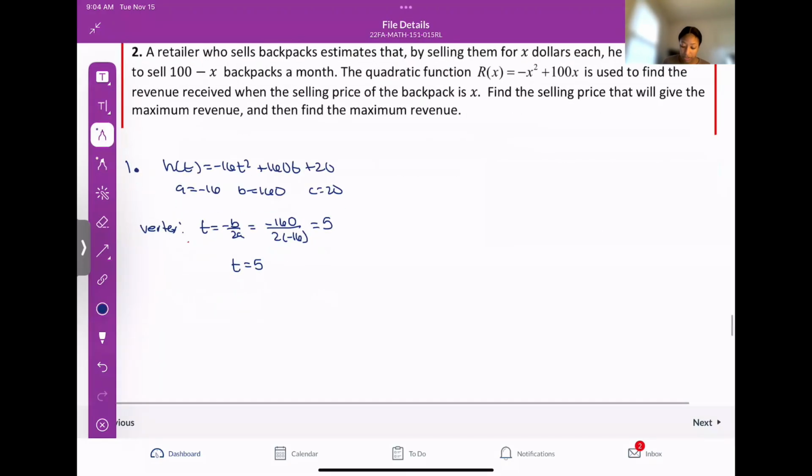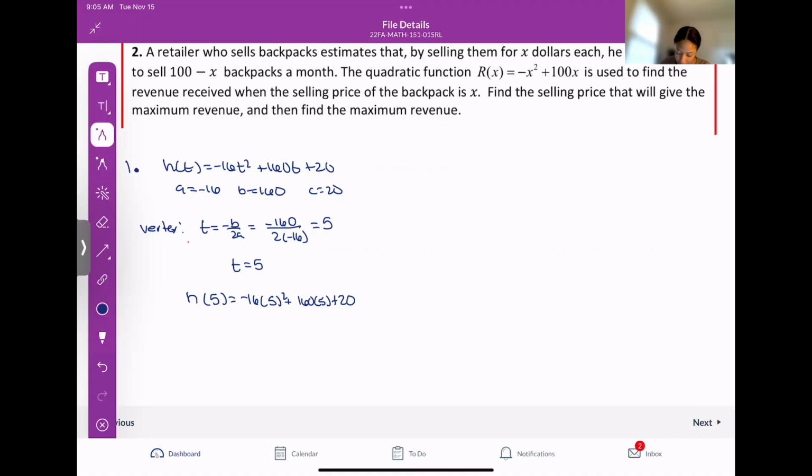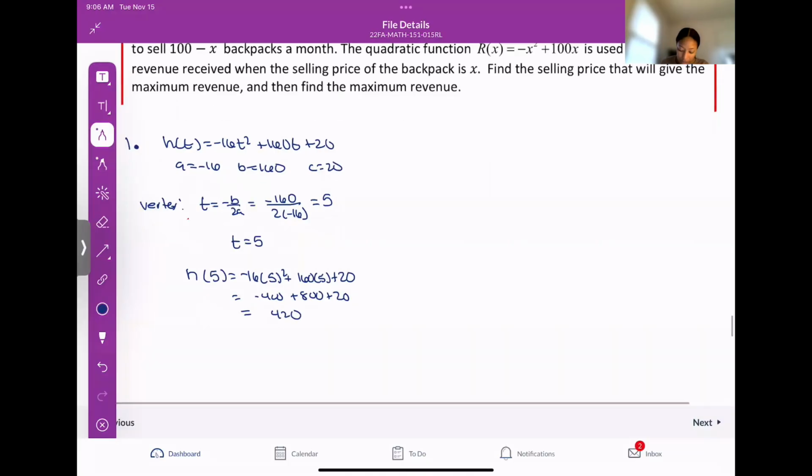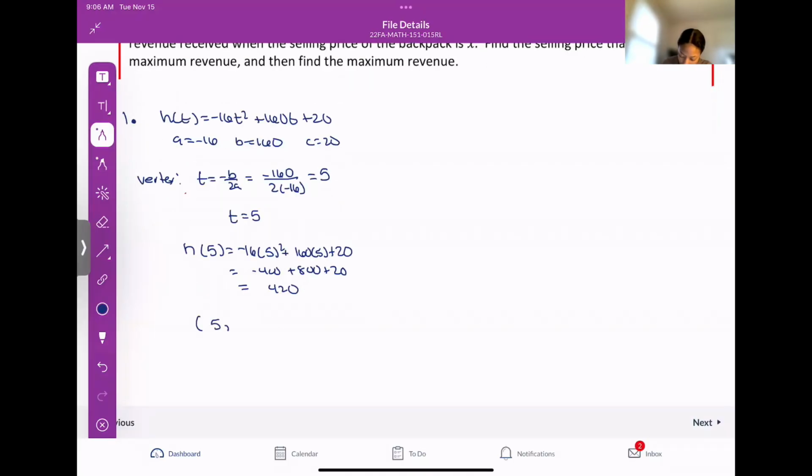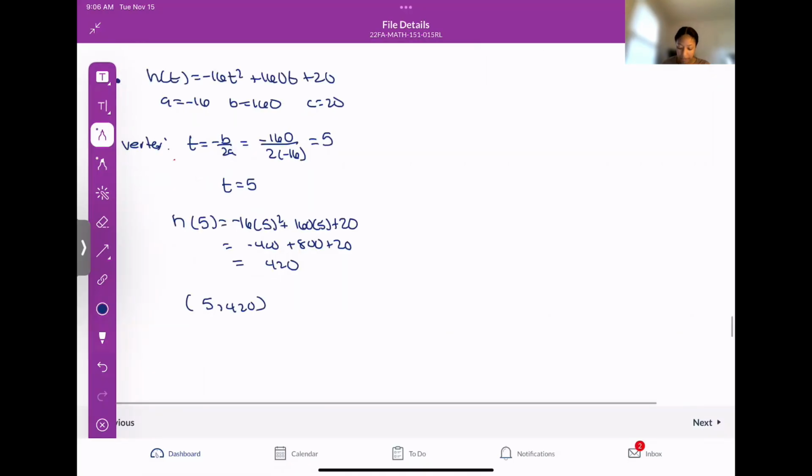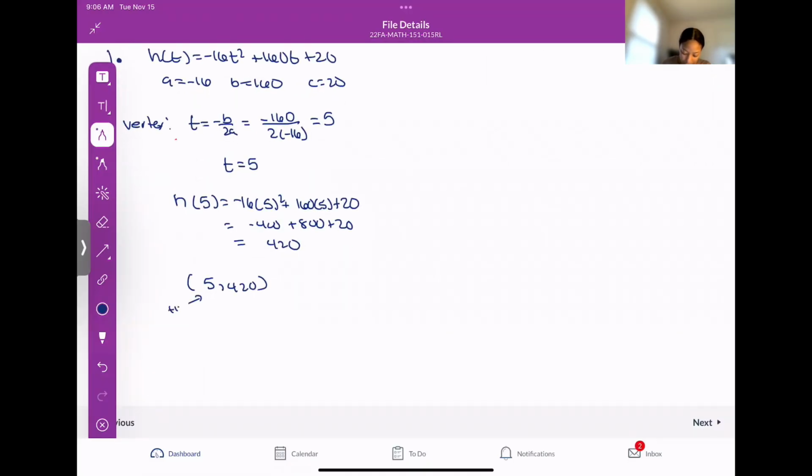All right, but we also need to know what h of 5 is. So h of 5 is negative 16 times 5 squared plus 160 times 5 plus 20. Negative 400 plus 800 plus 20, which leaves us with 420. All right, so our vertex is the point (5, 420). What does this mean? The input is the time, the output is the height.